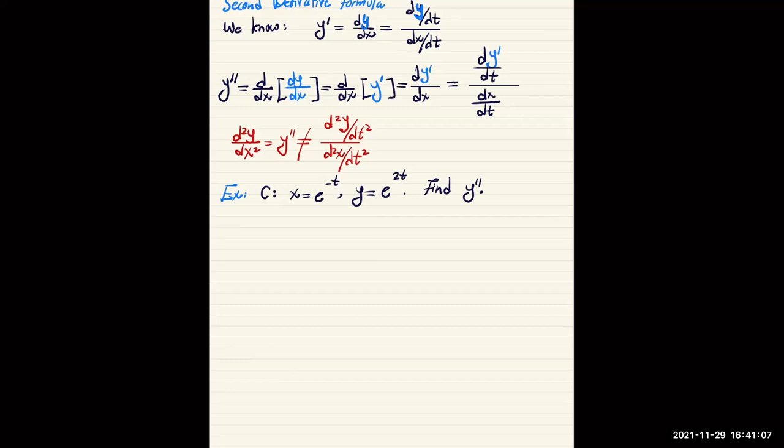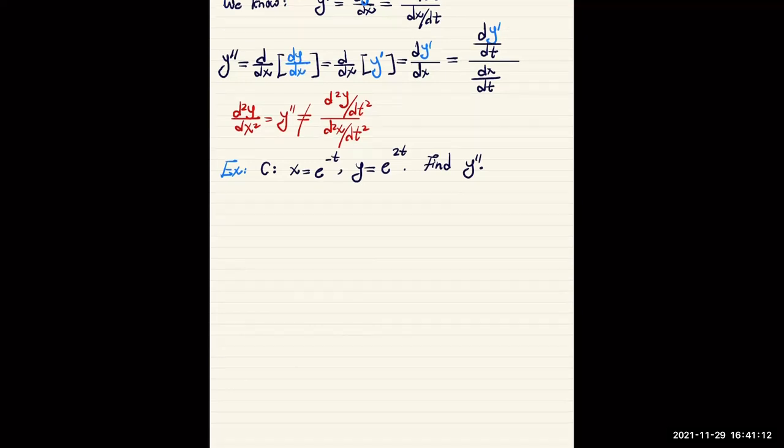So imagine we have some curve, and you're moving along this path. We want to know how fast the slope of these tangent lines change. How fast those derivatives change.